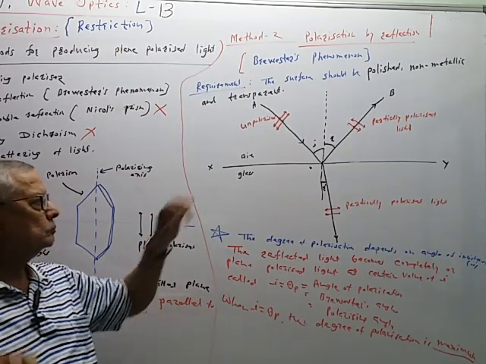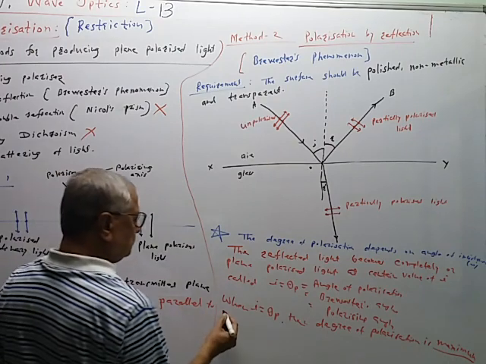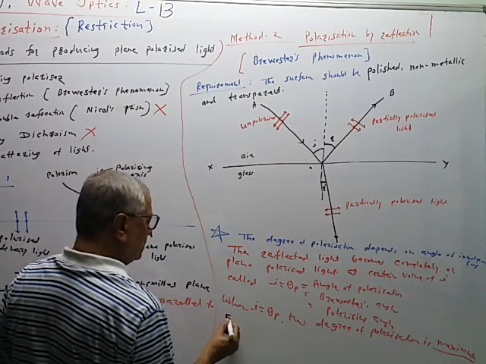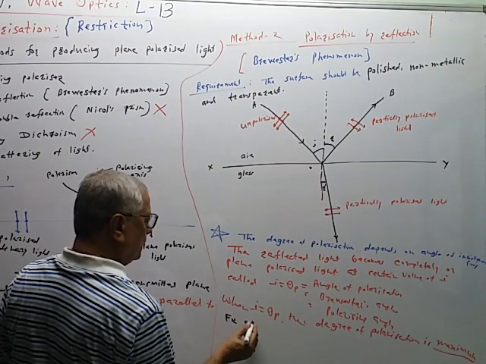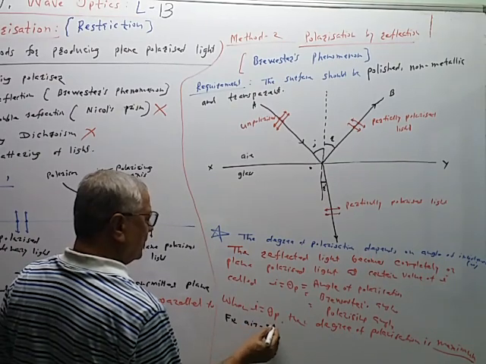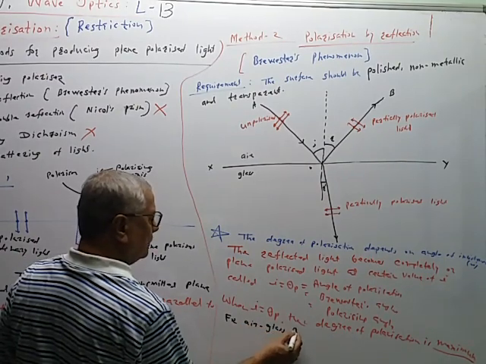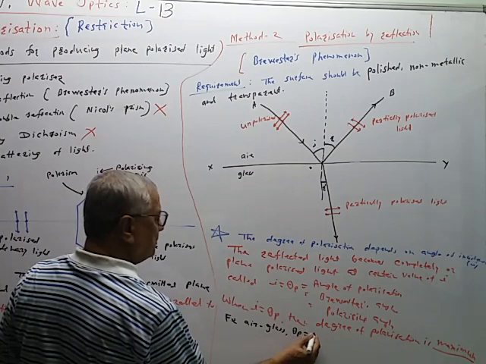This value for air-glass, theta p is equal to 57 degree.